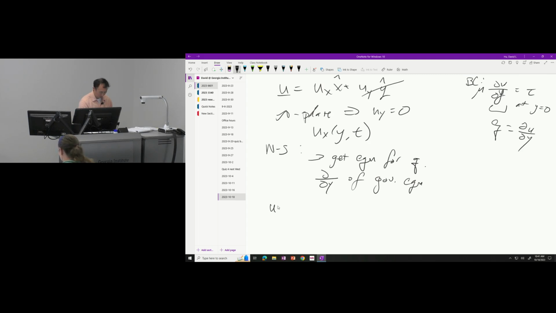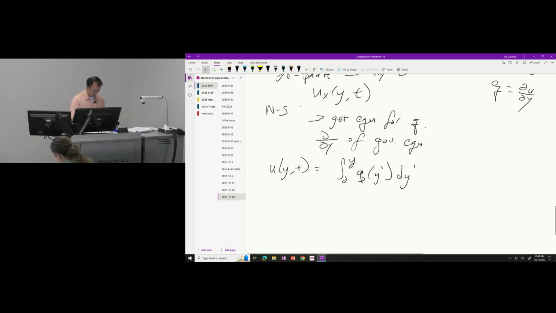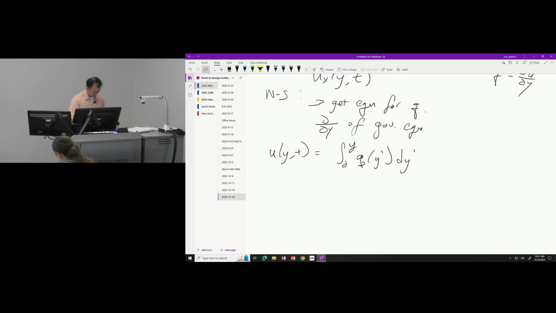For example, u of y of t is the integral between 0 and y of q of the dummy variable y prime. Okay. And then you just write your final solution, plus u of 0, by the fundamental theorem of calculus.